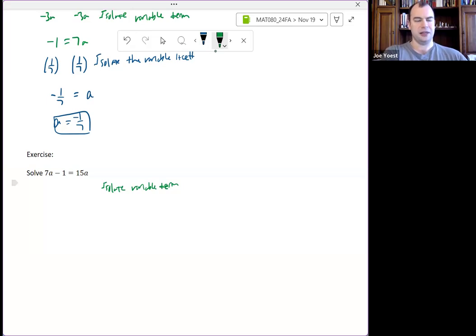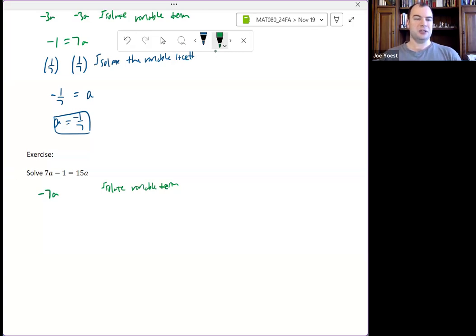And in this case, again, I think it makes sense to move the 7a to the right because the 15a is already kind of isolated. So if I lump the 7a in with that, my variable term stays isolated. If I move the 15a to the left, then I've still got that constant term -1 that I have to do something with. So I'll choose to move the 7a.